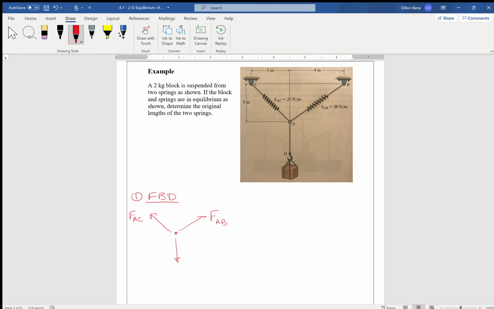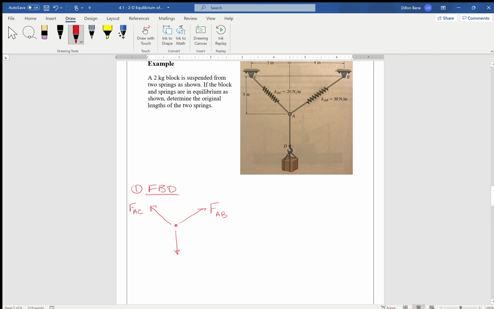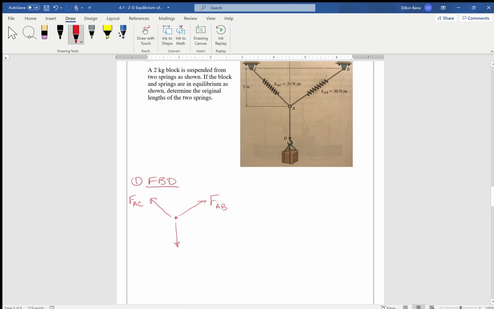and then finally the force that's acting down on point A is due to the weight of the block, which is 2 kilograms. So we will just call this weight equal to 2 kg times 9.81 meters per second squared, which is 19.62 newtons. And that is a complete free body diagram.